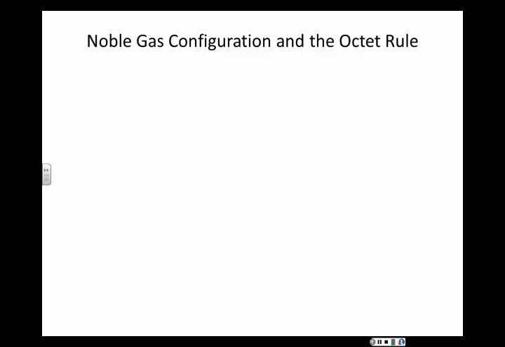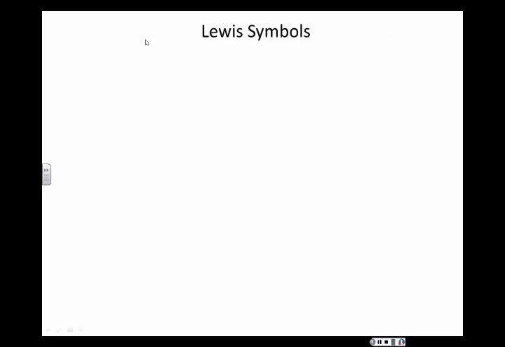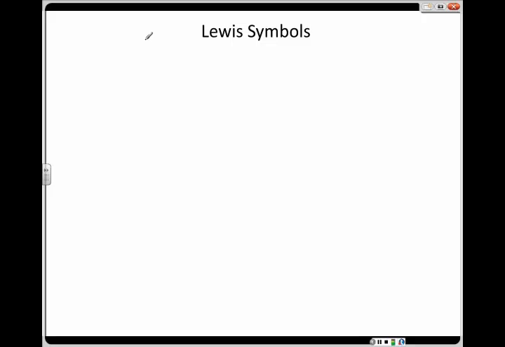Now, I need to talk about Lewis symbols, and Lewis symbols are really straightforward. They're just a shorthand way of showing valence electrons in a sort of pictorial way. So we can draw out a symbol that shows the number of valence electrons something has.